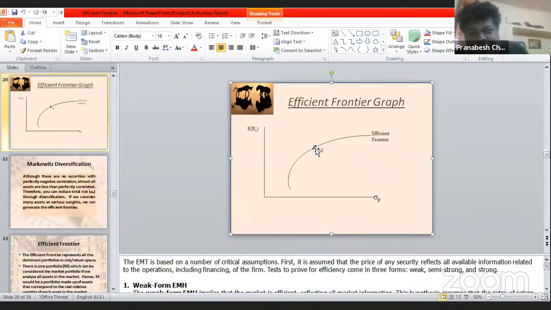After M, for any additional unit of standard deviation, or basically for any additional unit of risk that you are going to take, your returns are very minimal. The graph is getting flatter and flatter and flatter. So there is no point in taking risk when your returns are not going to be much higher.